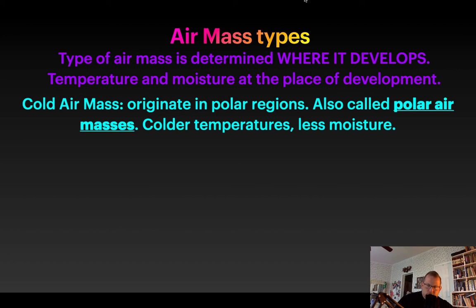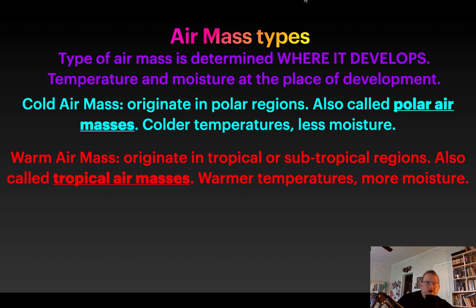Most. We call this a polar air mass. So when you are answering these questions that you're going to get in a minute, don't say cold air mass. You want to make sure you're using the vocabulary polar air mass. We're going to go more specifically about that in a minute. So where it develops, in the cold polar regions, determines if it's a cold air mass or not. Colder temperatures, less moisture usually.